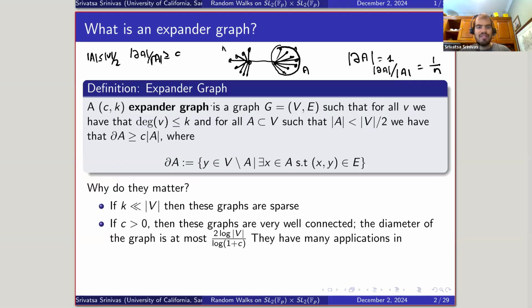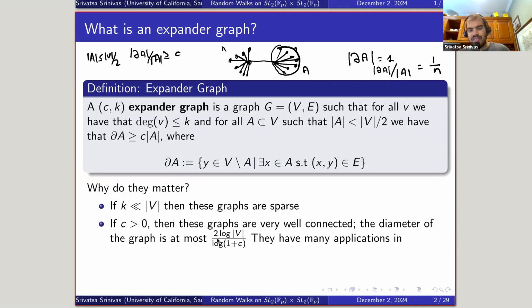If the degrees of the vertices are all at most k, and the degree is much smaller than the number of vertices, then these graphs are very sparse. That is, each vertex is not connected to too many neighbors. Okay, and if your expander constant is greater than 0, then these graphs are actually very well connected.